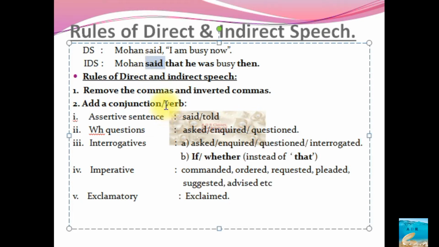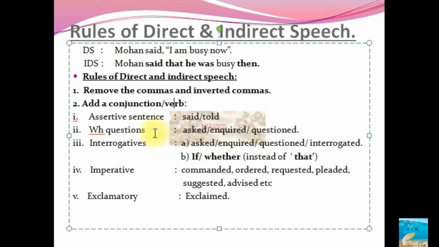You can use either said or told. Either of these two words you can use there. So when are you supposed to use said? If the sentence is in the positive structure, or assertive form.